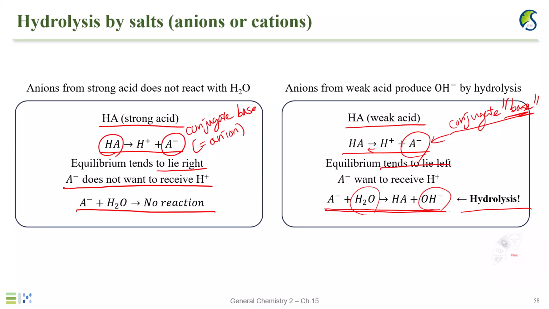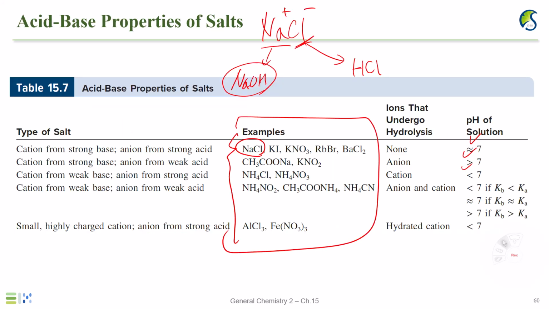As we know from these two pages, the cations and anions from a strong acid and strong base don't do anything special. So if you dissolve NaCl into water to generate Na plus and Cl minus, nothing is going to happen. So a solution with NaCl has a pH of 7.